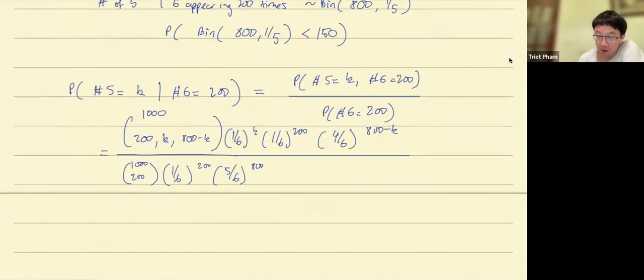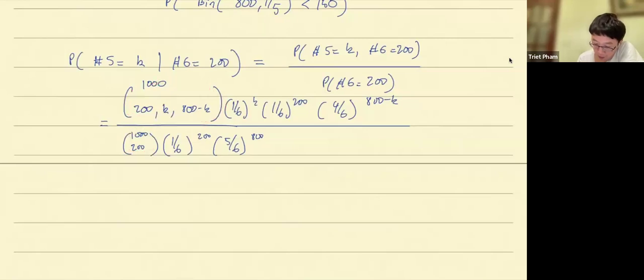Okay. So the rest is simplification. These cancel. So let's talk about the simplification here. The multinomial coefficient will be 1,000 factorial over 200 factorial, K factorial, 800 minus K factorial.